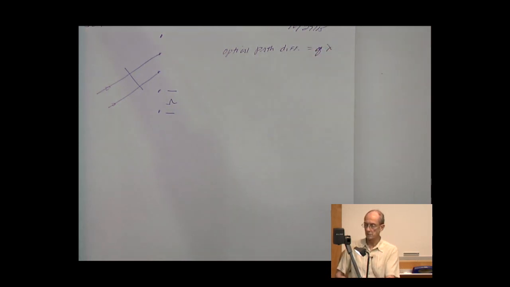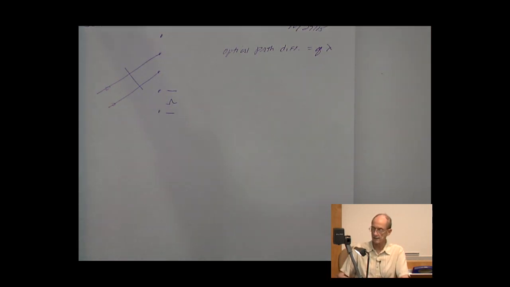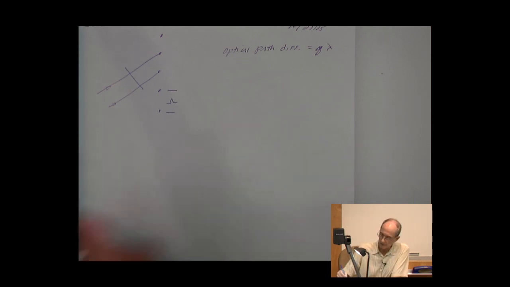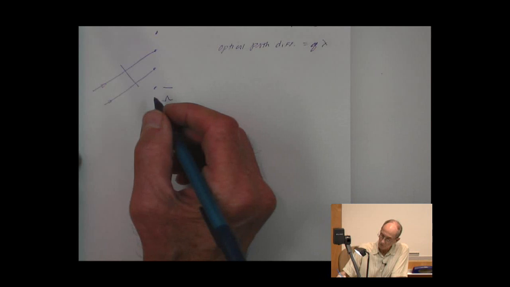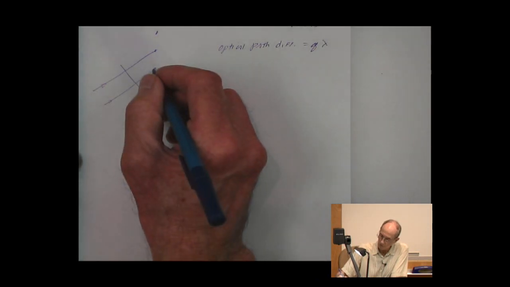Whenever we have an optical path length difference that's an integer number of wavelengths, we're going to get enhanced scattering in that direction. So what I was hoping that you would do is something like we did in class.